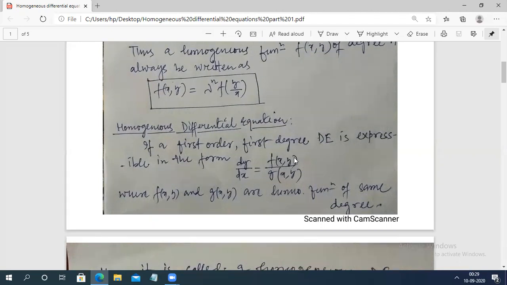That means if the numerator and denominator both are functions of xy which are homogeneous of the same degree, then we say that this dy by dx is a homogeneous differential equation.